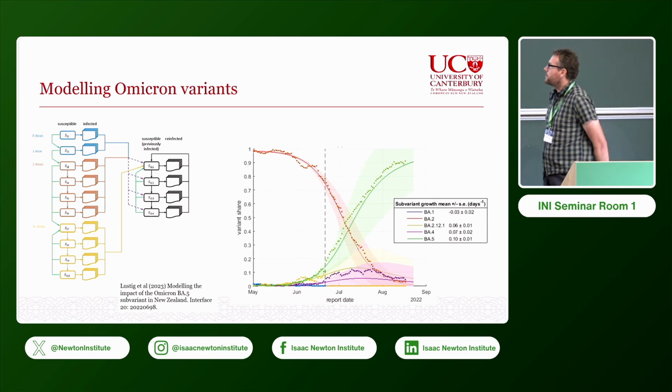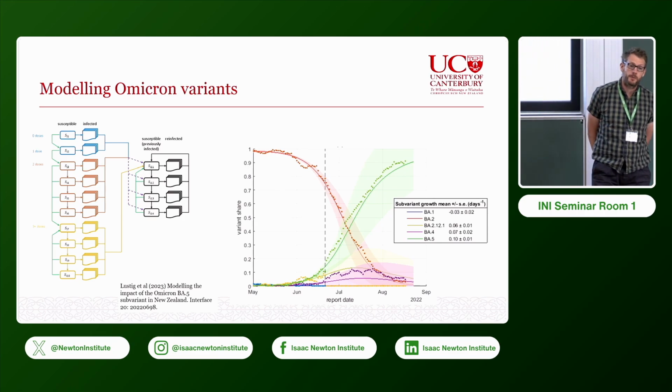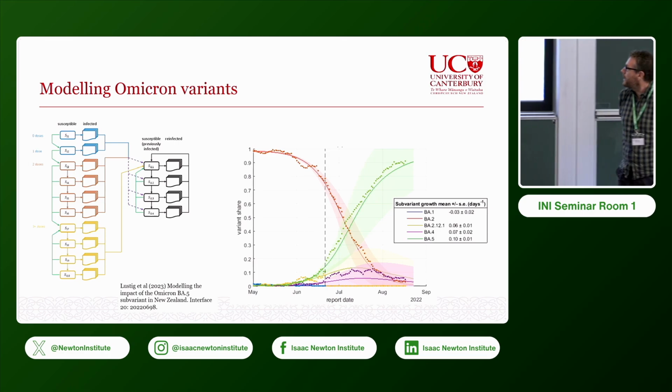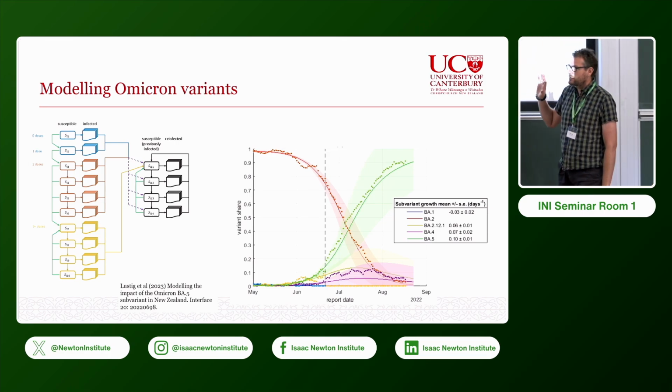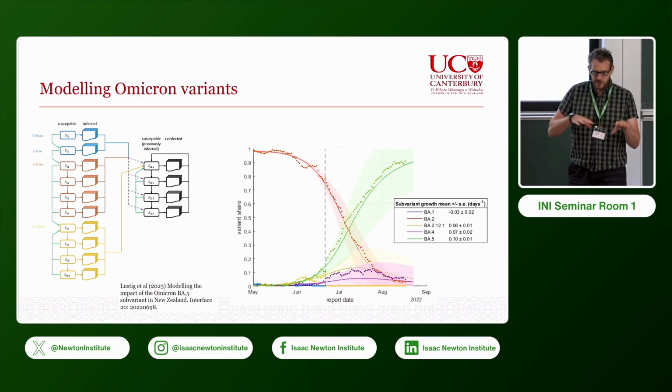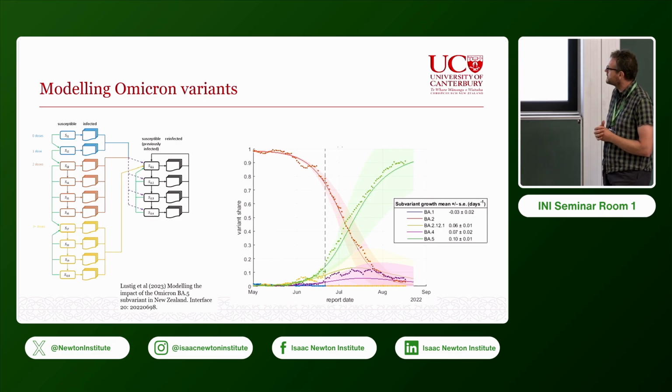Of course, we had to model waves that occurred due to different Omicron subvariants throughout the pandemic. And the way we did that, we cheated. We didn't try and model multiple variants spreading simultaneously with parameters for cross-immunity.